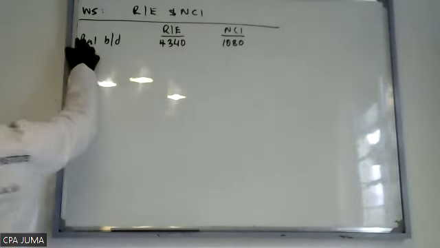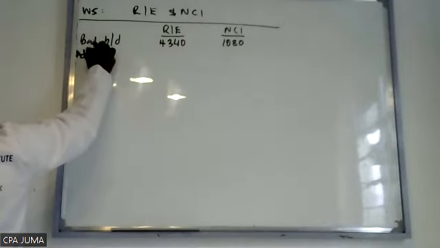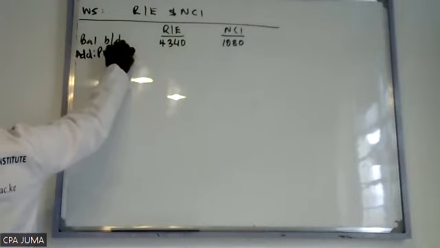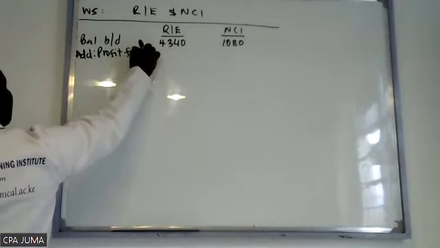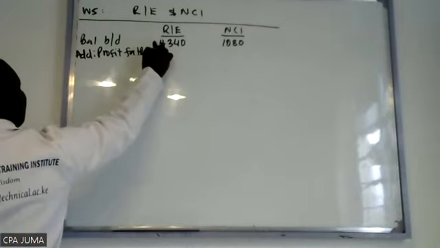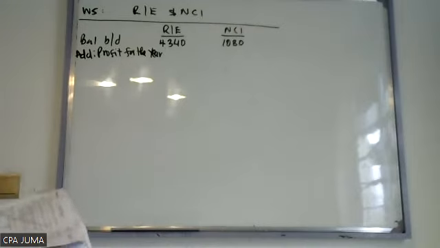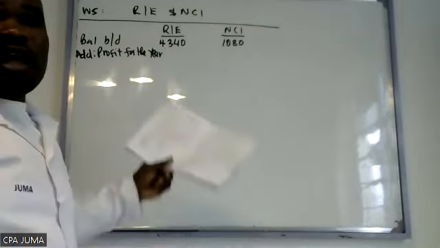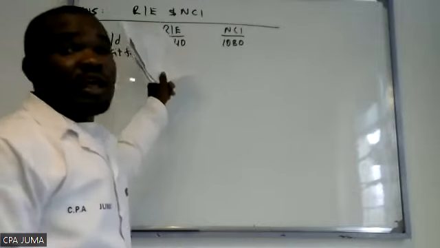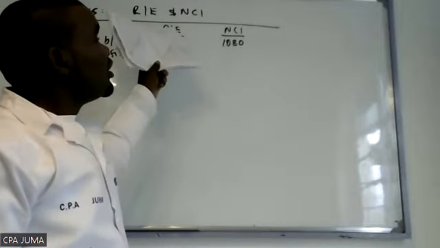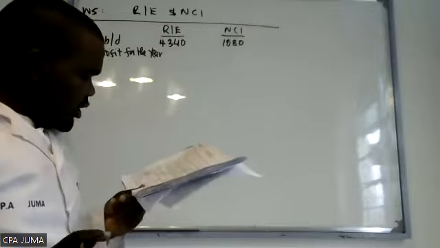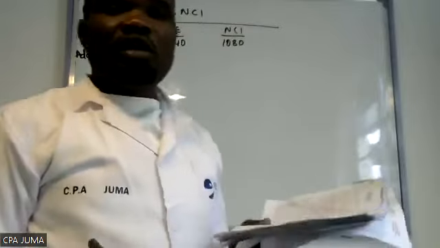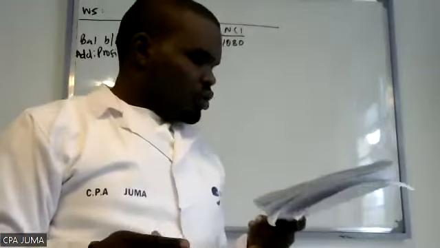For the year, add profit for the year. So retained earnings here, remember this is retained earnings to the holding company. So go to P&L, at the end.